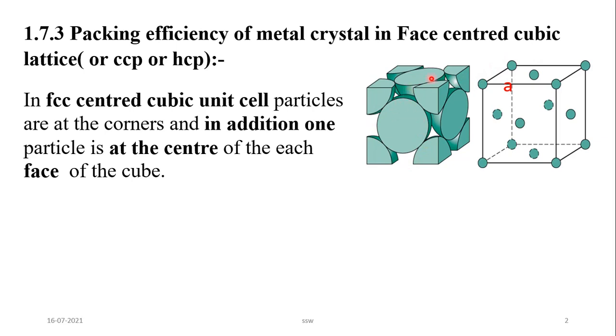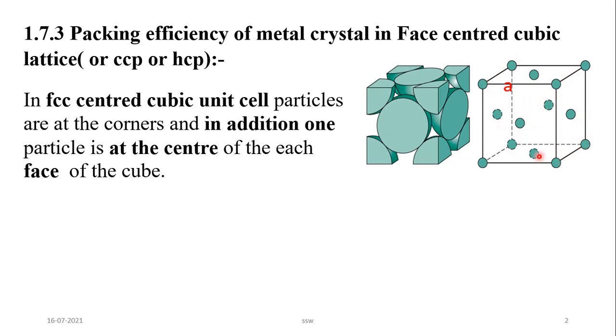In FCC unit cell there are 6 faces. One is the top face, bottom face, then two side faces and front face and back face. So total 6 faces are there, and at the center of each face one particle is there, and 8 corners are there.